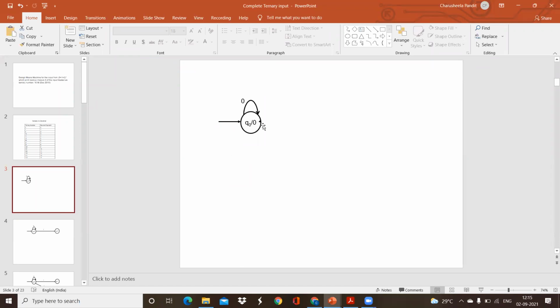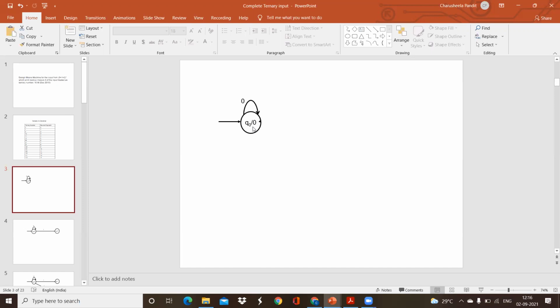So assume that this is your first state Q0, and we have to generate the Mealy machine. The output which this Q0 will generate will be 0, obviously, because before you have started your division, the previous answer which you will concatenate with the next digit will be 0 only.